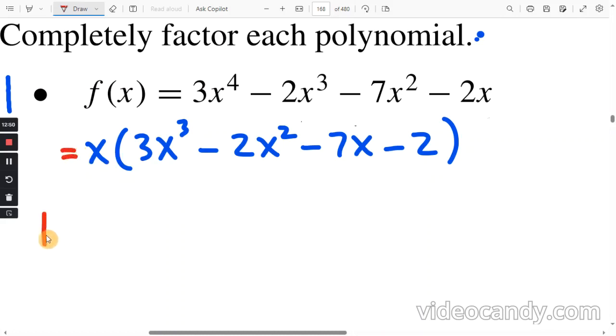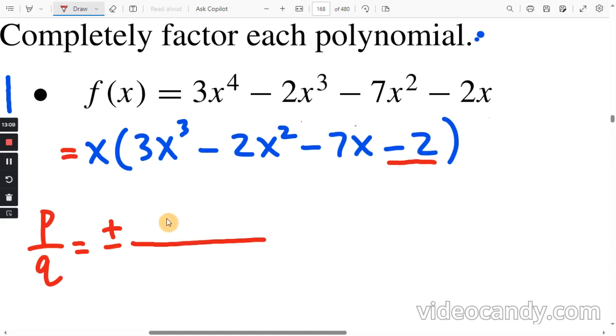Okay, and we do the P over Q. And that's going to be plus minus. In the numerator, that's going to be factors of the constant term. So we have negative 2, and the only factors are going to be 1 and 2. That's plus minus on each one.